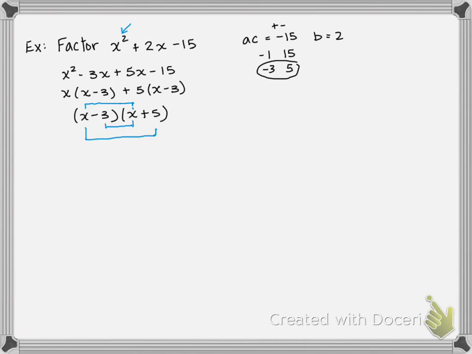So that middle term, the variable factor, the exponent's always going to be half of what the first term is, because when we do this step, we're using that factor twice. But when we do this step, we're only using that factor once. That factor in this case being x.